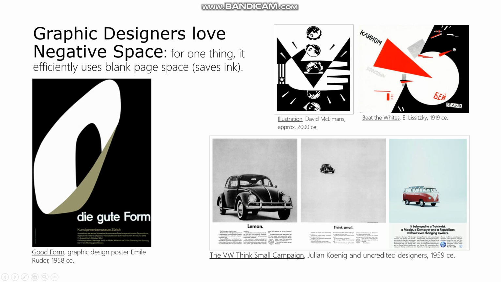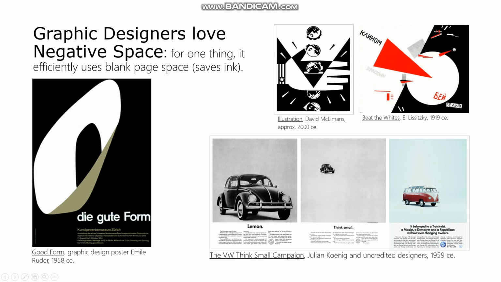But also, by thinking about how you are organizing your space and placing things in space, you really are thinking about design in its most fundamental form. All good design thinks about positive and negative shape and figure ground relationships.